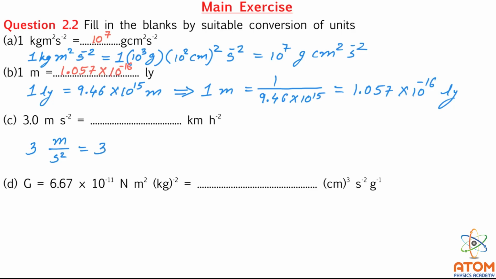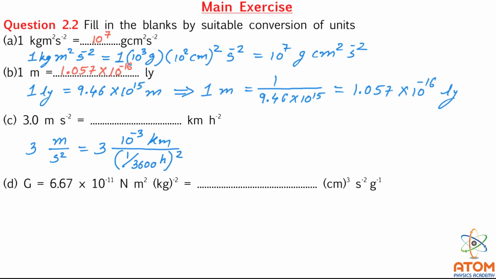So this is 3. Now 1 meter is 10 raised to minus 3 kilometer, and 1 second is 1 divided by 3600 hour, and then whole square.